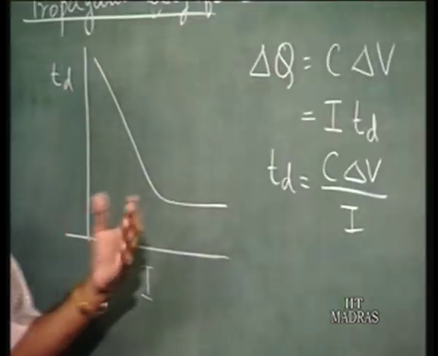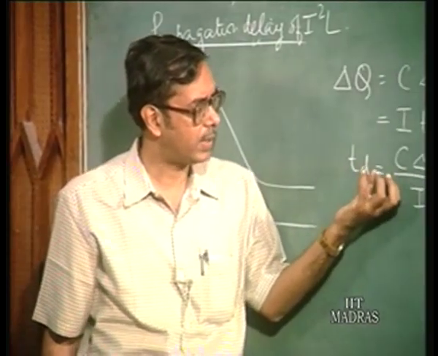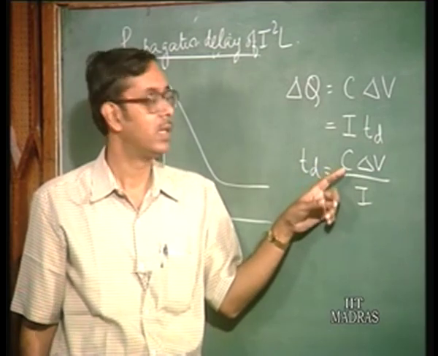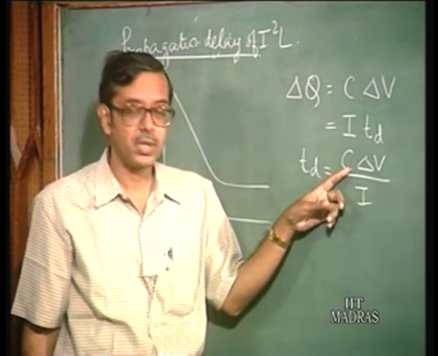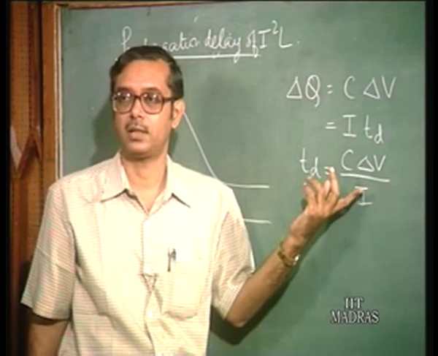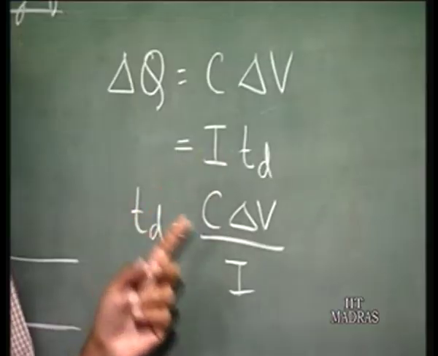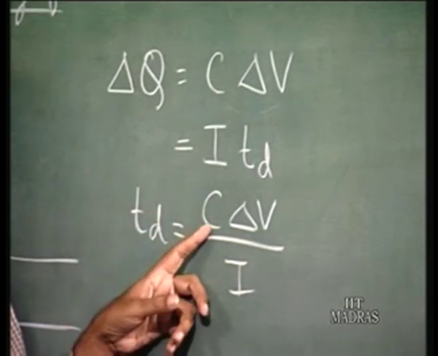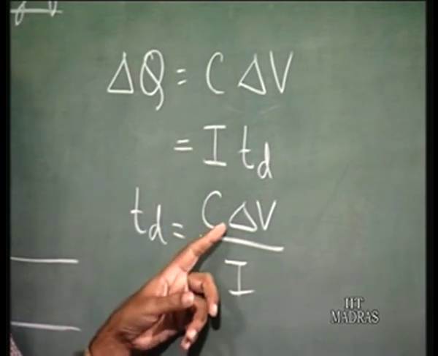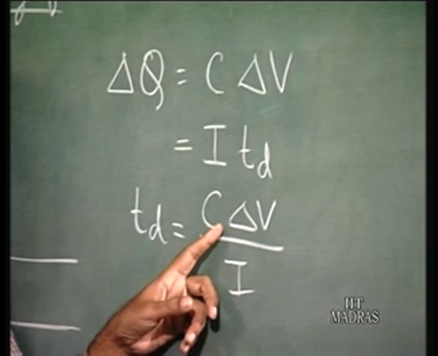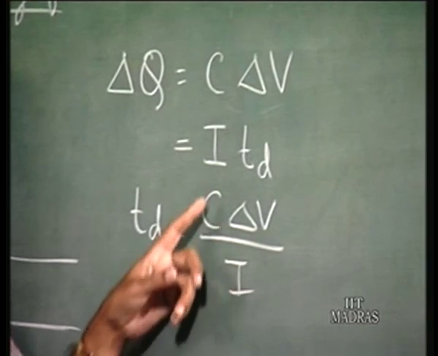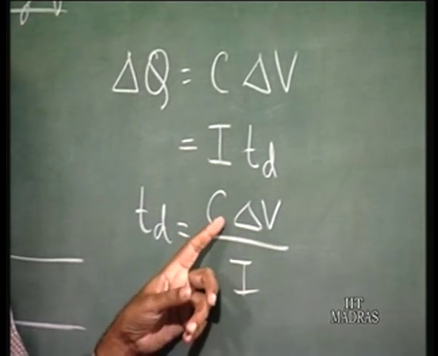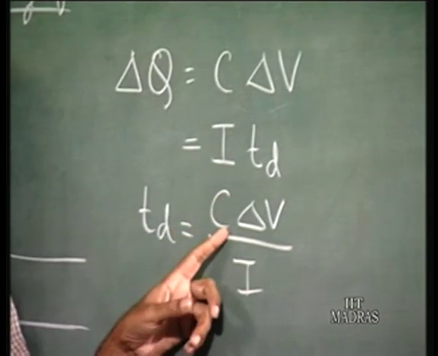But when the other capacitance, the diffusion capacitance, starts to dominate, you will find that the diffusion capacitance itself is proportional to current. The junction capacitance is independent of current, so you get this type of relation. But the diffusion capacitance CD is itself proportional to current. So in this relation, Td will become independent of current, if C is proportional to current.